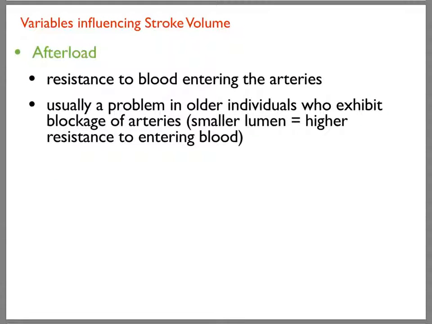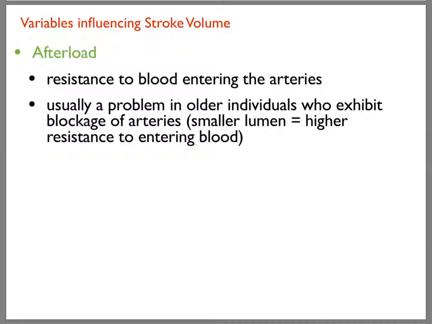For the stroke volume and the substances that influence stroke volume, I'm going to begin with afterload because it's the shortest one. As I mentioned earlier, afterload is the resistance to blood entering the arteries. Normally, if you are young and healthy and your vessels are nice and healthy, then you don't have much of an afterload, okay?